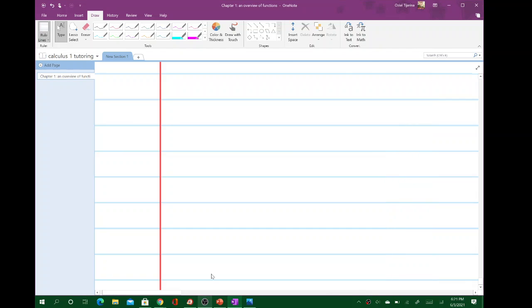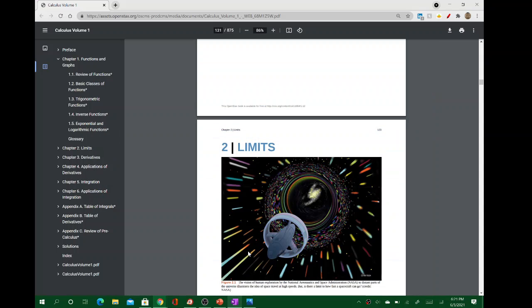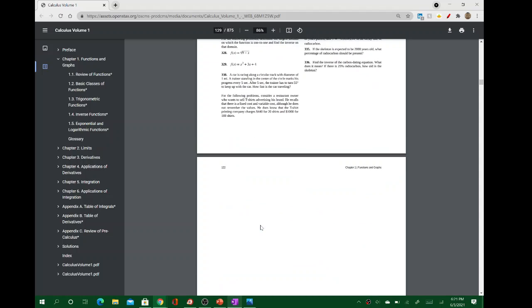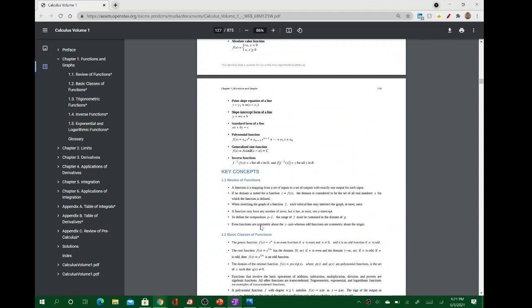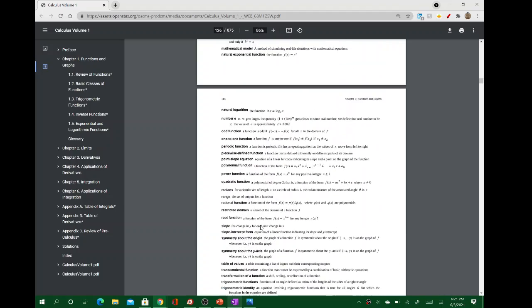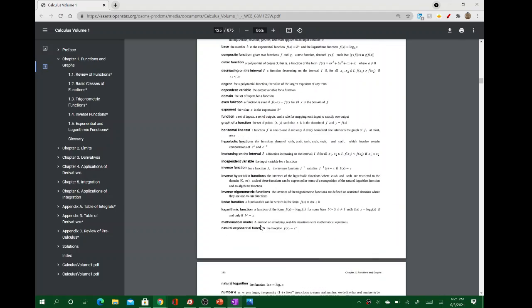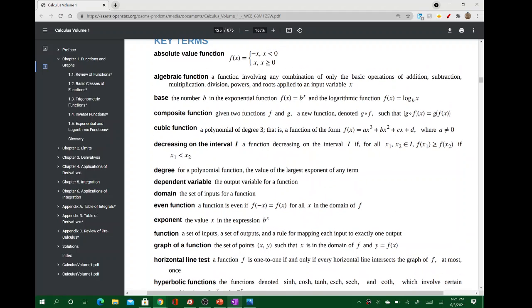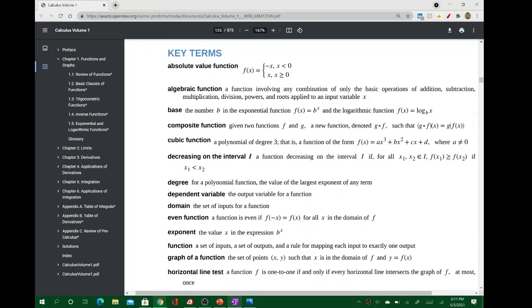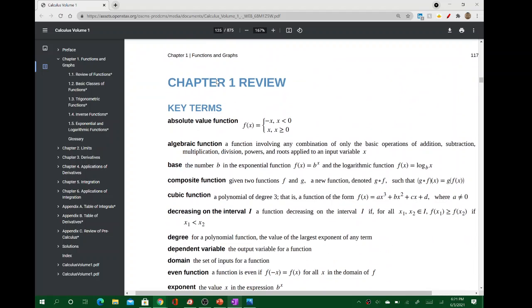Okay, guys, we're just going to look at some terminology so that you guys understand and we remember what everything means, okay? The first part is an absolute value function.